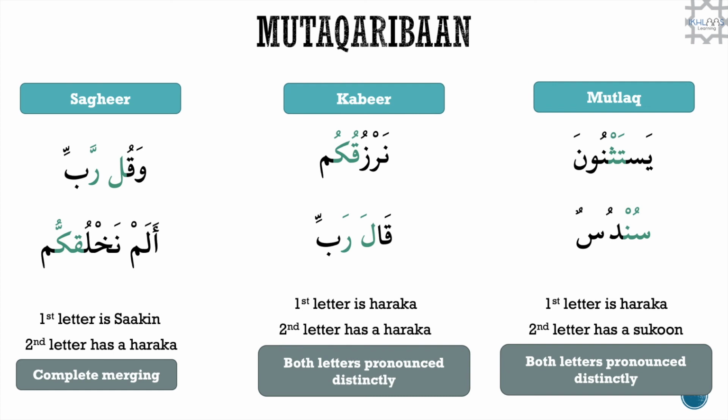So these letters, as we remind ourselves, for mutaqaribaan is if they are close either in sifat or close in makharij. So yastathnuna, both letters are pronounced distinctly. Sundusun, both letters are pronounced distinctly. So this is known as idgham mutaqaribaan mutlaq.